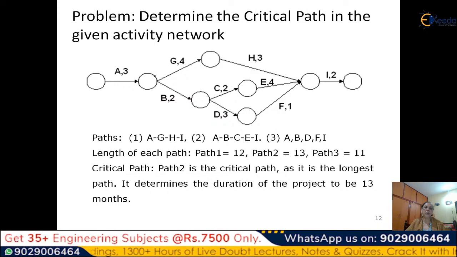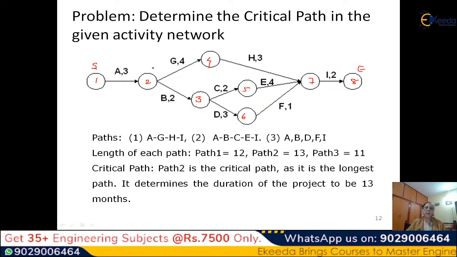And what are these? These are events. You can say this is 1, this is 2, this is 3, 4, 5, 6, 7 and 8. Or you can say this is my end and this is my start.